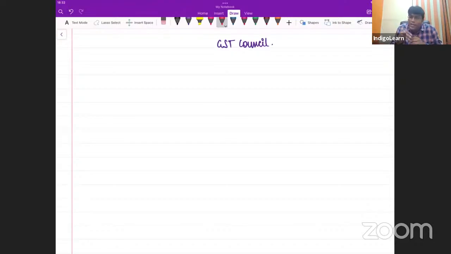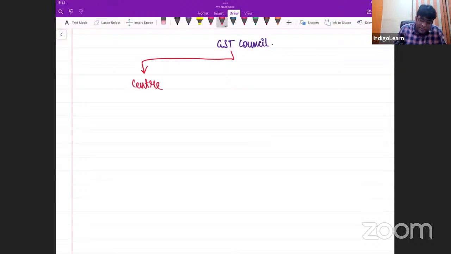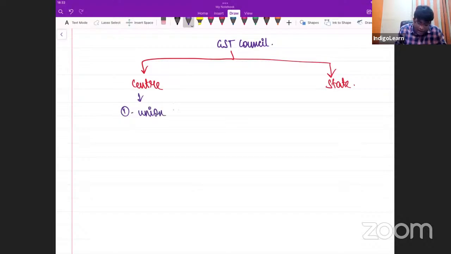Now the question is, who is there in the GST Council? There are some members from the center and some members from the states. On the center side there are 2 members. Number 1, the Union Finance Minister, presently our Madam Ji.